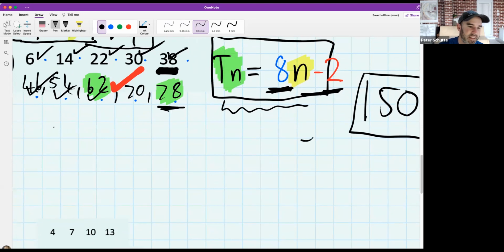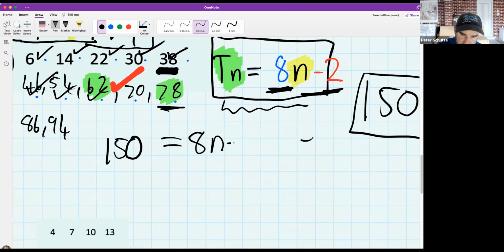Like 78 plus 8 is 86, and then 94, and that will take a long time. So instead of doing it like that, you take this 150 and you put it where the Tn is. And then you are going to be left with this formula.